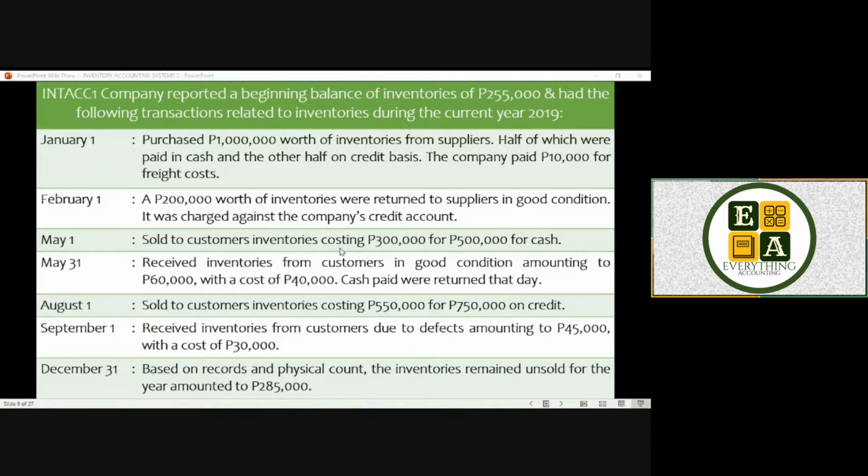Sa May 1, nagbenta tayo ng inventories good for 500,000 na may cost ng 300,000. Pagka May 31, binalik yung 60,000. 60,000 will be the selling price nung 40,000 na worth ng inventories. Since good for cash siya, kailangan cash din yung ibalik natin.